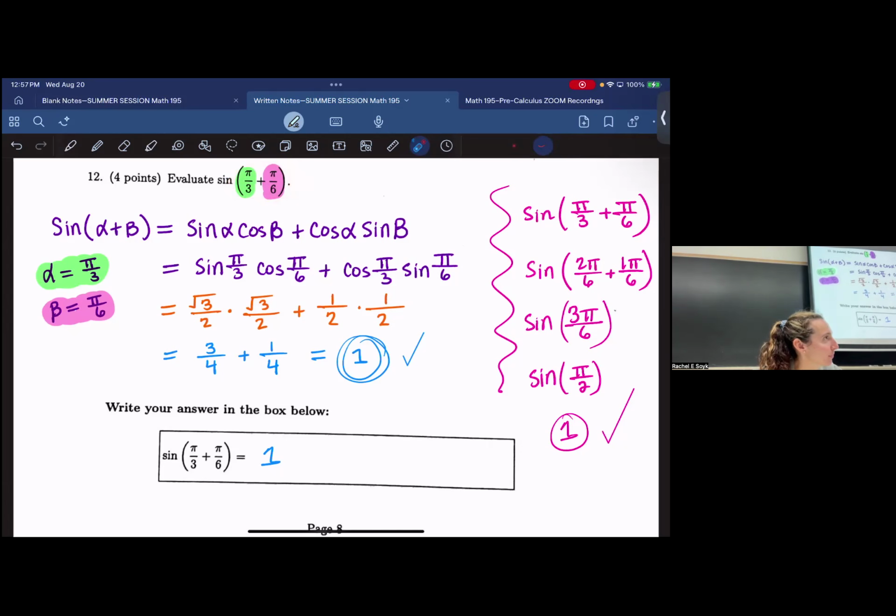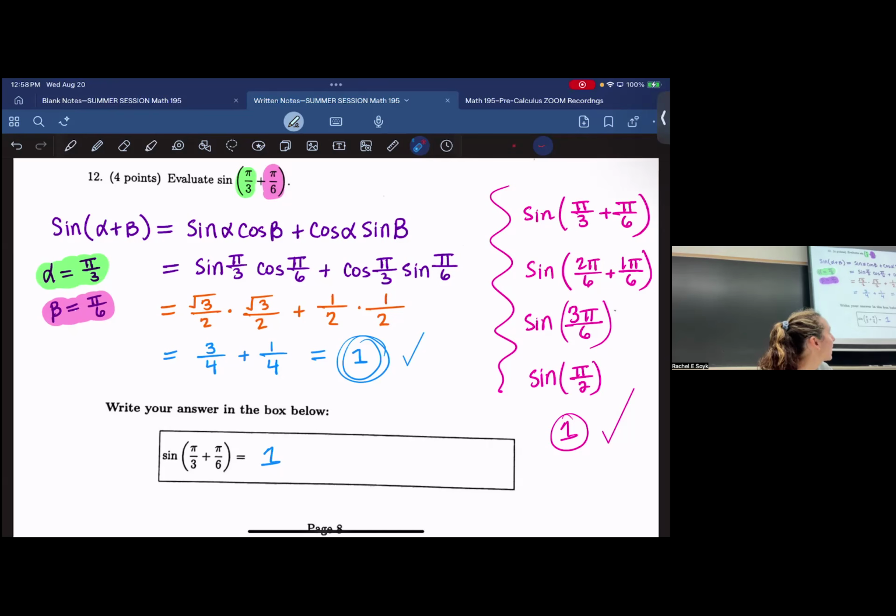Yes, just adding these two fractions up, simplifying and seeing if it's a famous angle that you can take the trig function of. It would have to be one of your famous angles, 0, 30, 45, 60, 90, or some coterminal angle of that for you to solve.